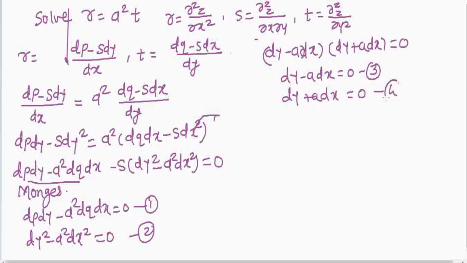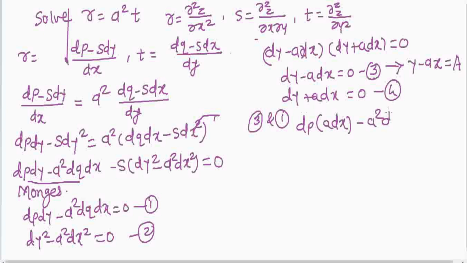Now integrating equation 3 directly, the integration of dy is y minus a into the integration of dx, which is x, is equal to an integrating constant, capital C. Now from equation 3 substitute this value in 1. Let us apply 3 and 1. If we put this value of dy in equation 1, dp into a dx, we are substituting the value of dy, minus a square dq into dx equal to 0.